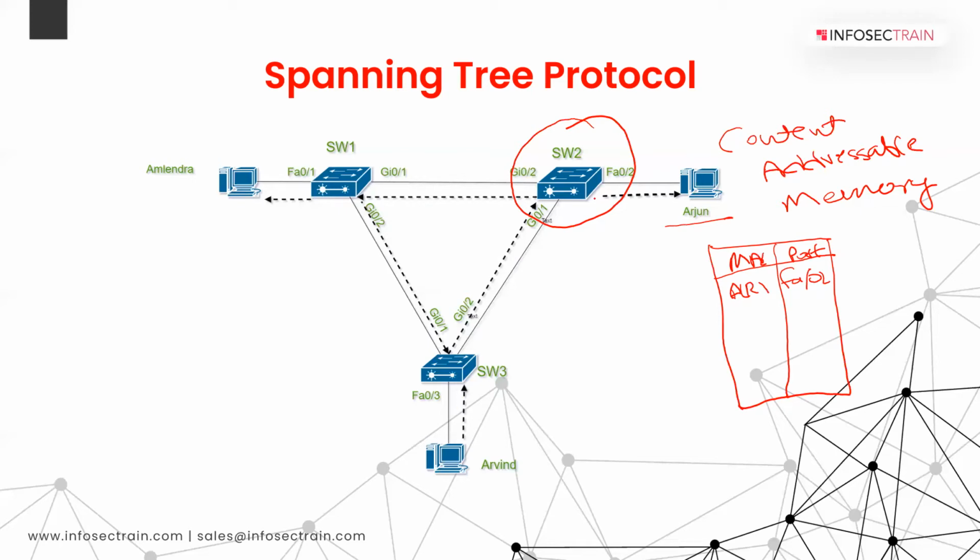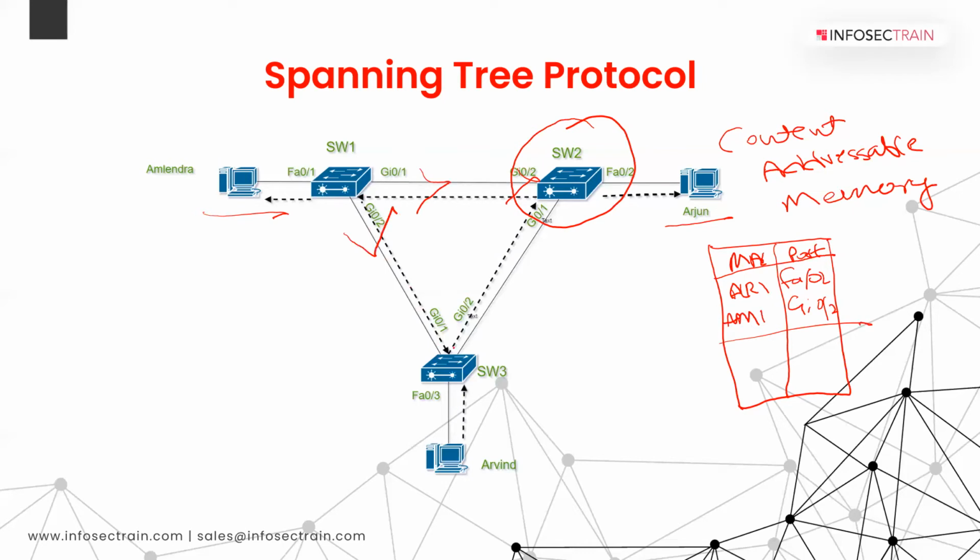Switch 2 will get the data from switch 1, and it will say that Mr. Amalendra, AM1, is connected to port number GI02, right? It will save it in its CAM table. But switch 1 is also sending data towards switch 3.